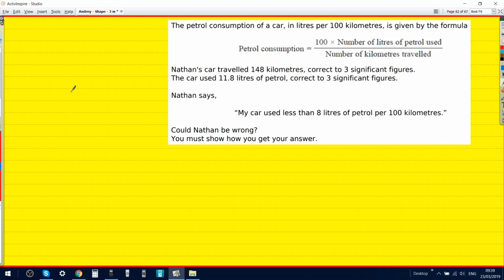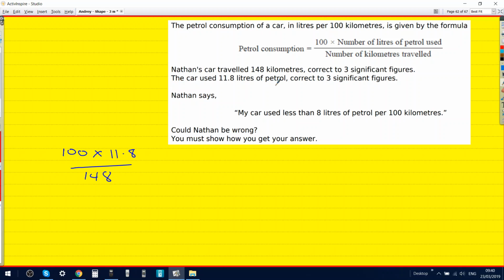Do I do 100 times, oh no, sorry, 11.8 over 148. So what does the significance of this say, like correct to 3 significant figures? Are they saying that that's not exact or something? Yeah.